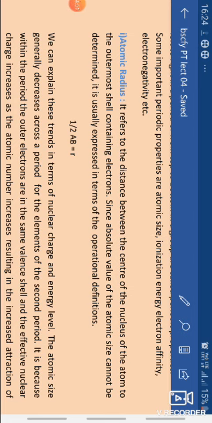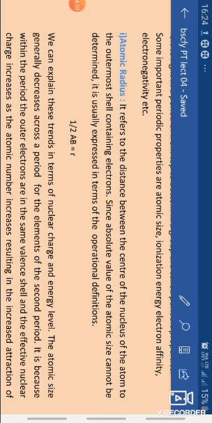Meanwhile, when we go from top to bottom in a group, the atomic size increases. This is because with an increase in atomic number, the nuclear charge also increases.